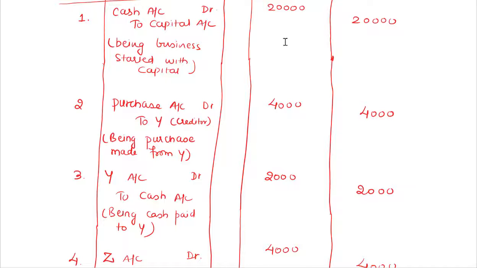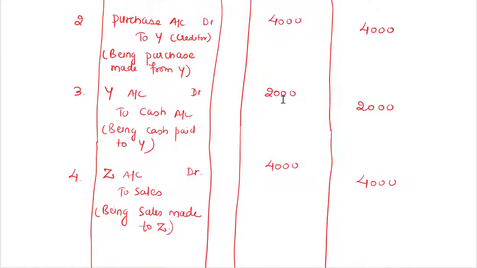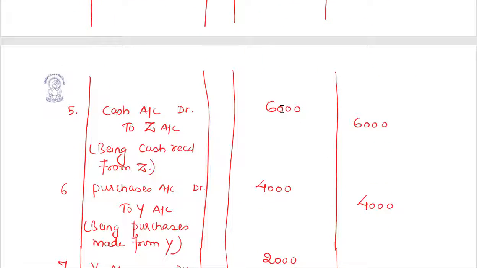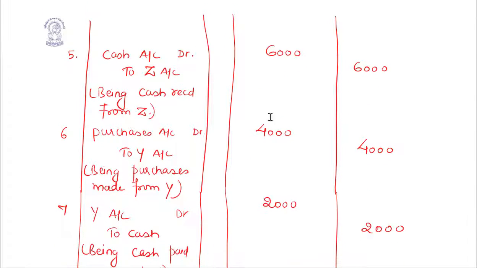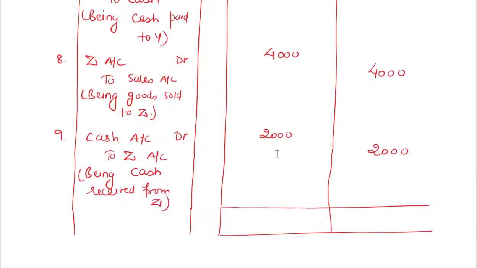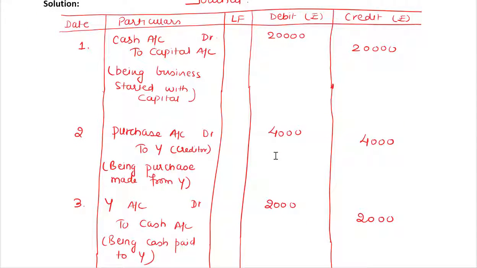20,000 plus 4,000 is 24,000, 25,000, 26,000, 32,000, 38,000, 42,000, 46,000. I think I made a mistake. Let me use the calculator.